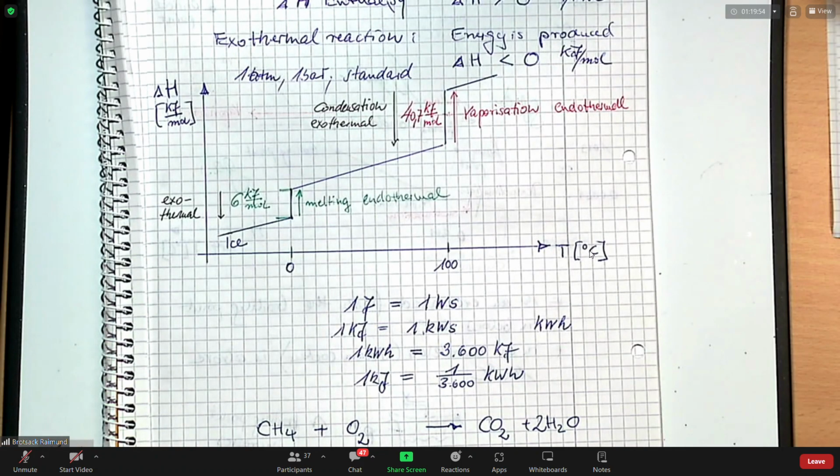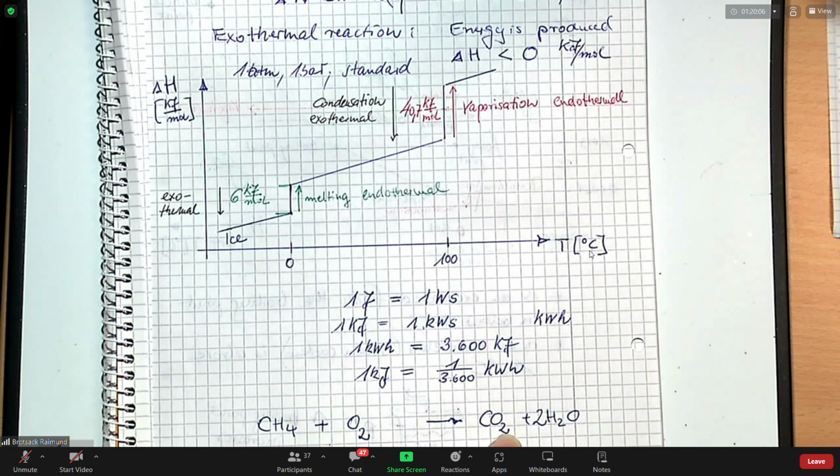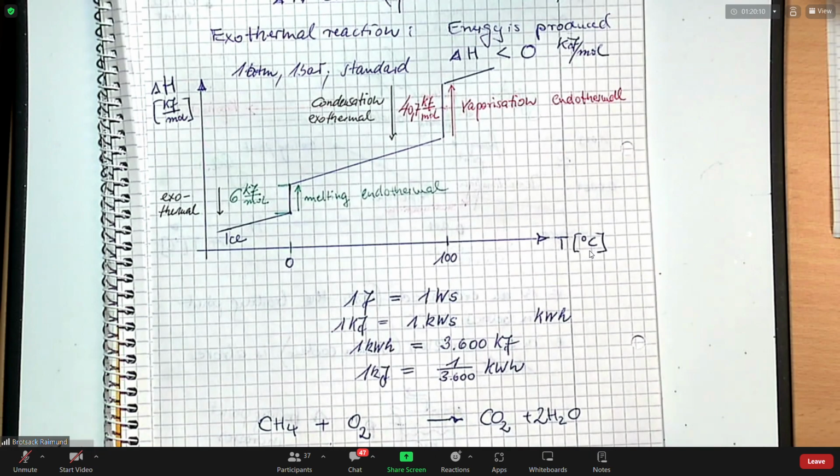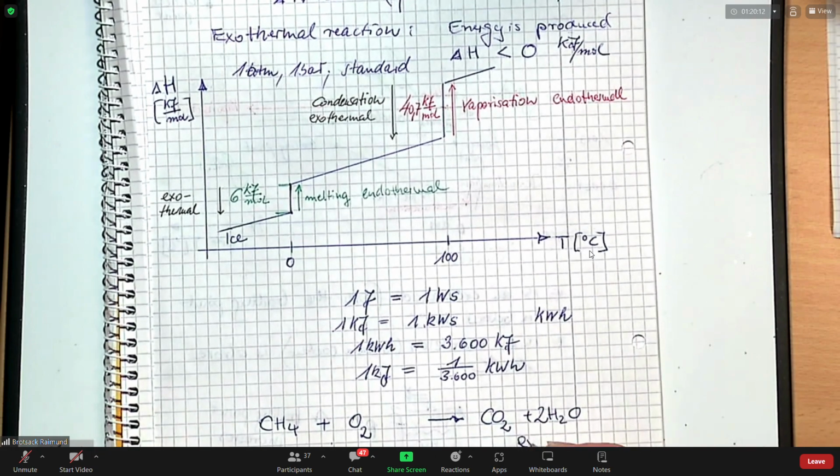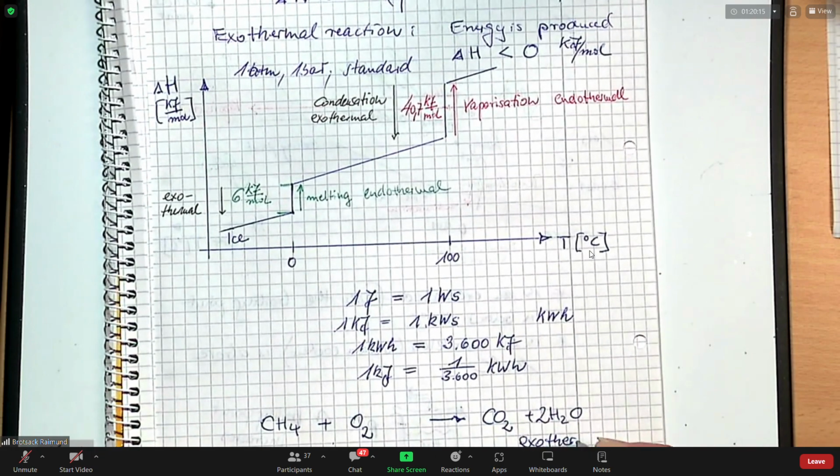If this is fossil methane gas, we have CO2 as a product, and we don't like it because we are now in the times of climate change, and CO2 is the most important climate relevant gas. But this is an exothermal process.